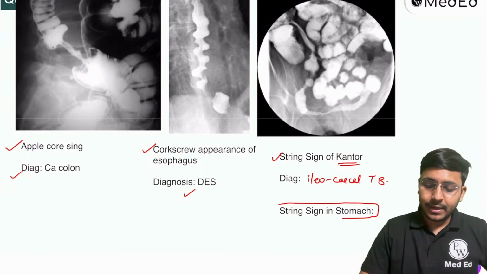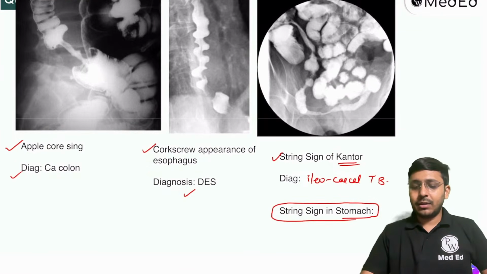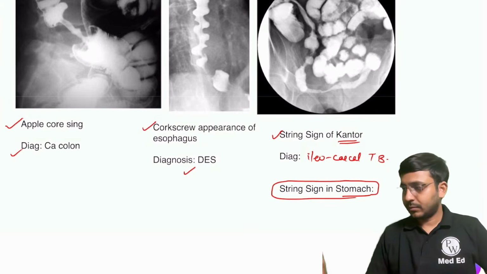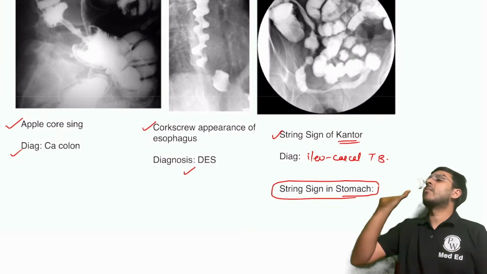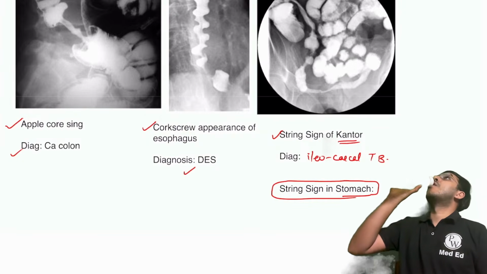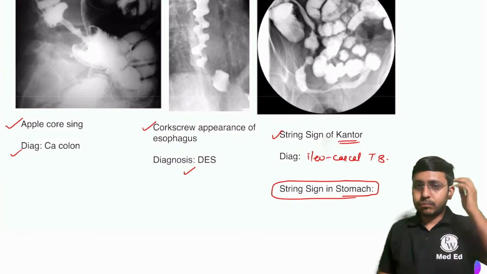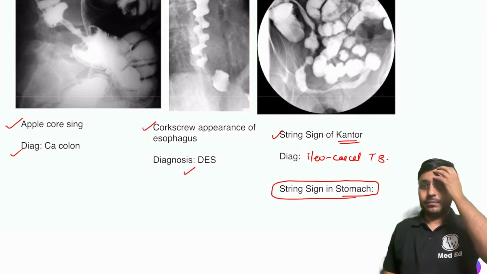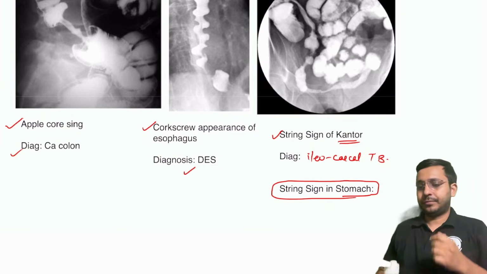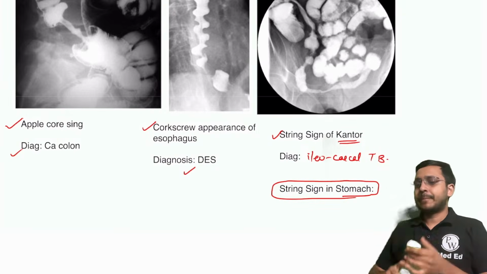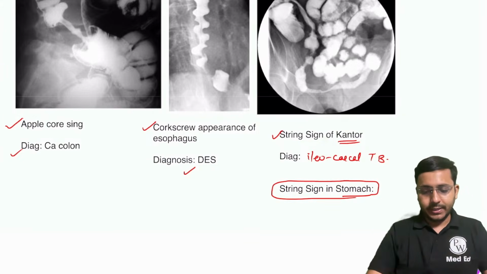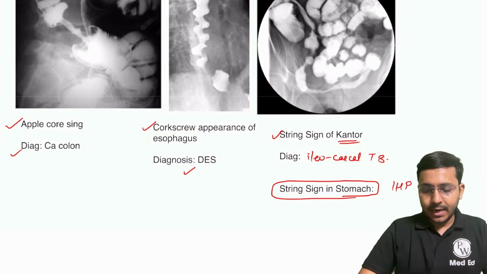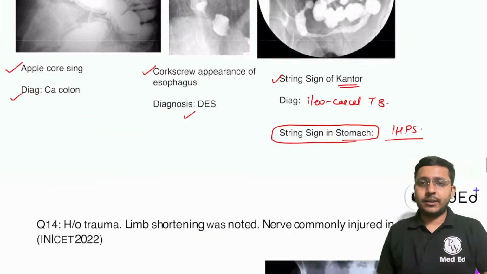Can someone tell me where do you see string sign in stomach? Yes, so this is seen in infantile hypertrophic pyloric stenosis, IHPS.